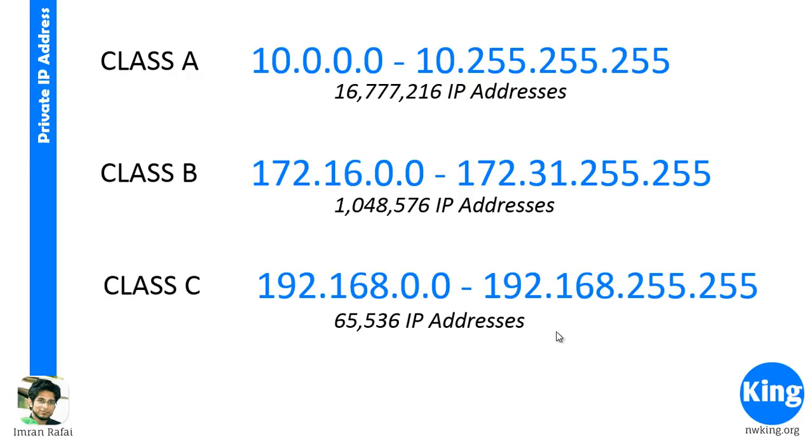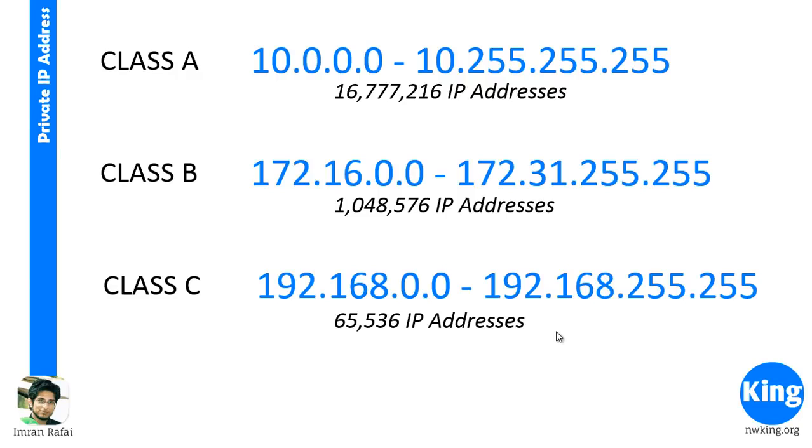In class C, we have 192.168.0.0 to 192.168.255.255, which is nothing but 65,536 IP addresses. Now, what are public IP addresses and private IP addresses?